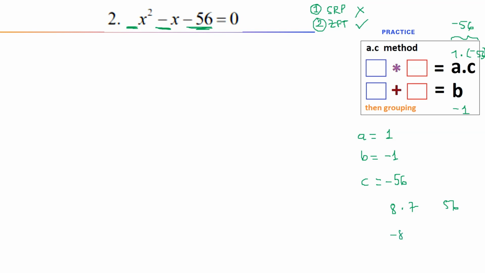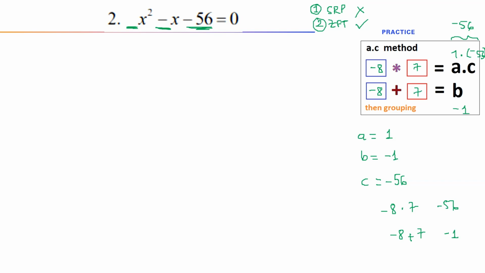So we have negative 8 times 7 is negative 56, and negative 8 plus 7 is equal to negative 1. Here we have negative 8, 7.